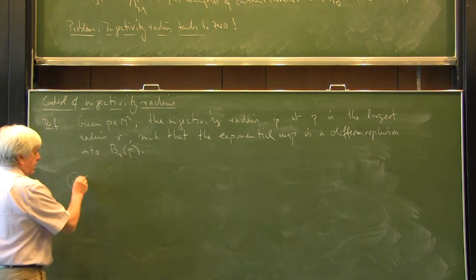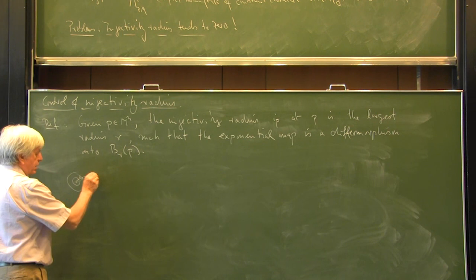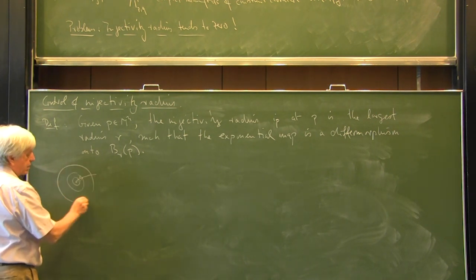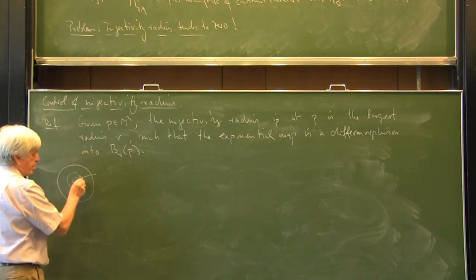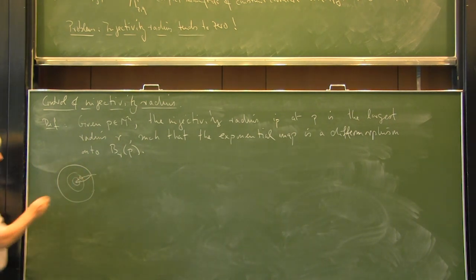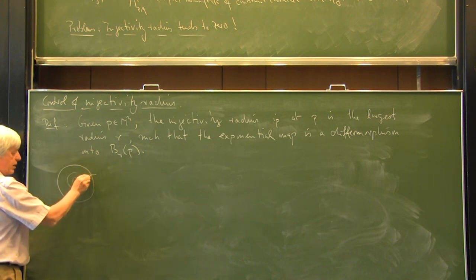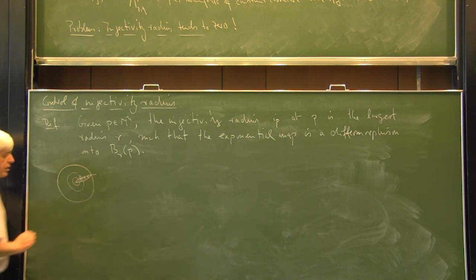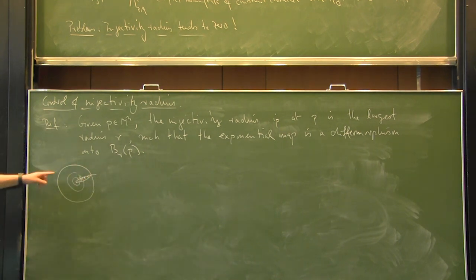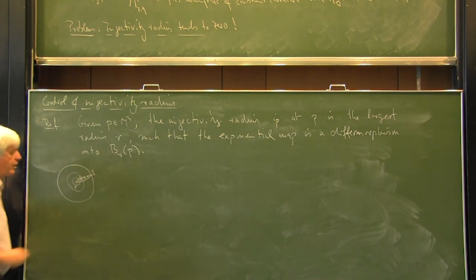So maybe draw this in a slightly larger picture. Suppose it goes wrong here. If we have two geodesics reaching the same point, then it turns out you have a whole family of geodesics joining these two points P and Q.